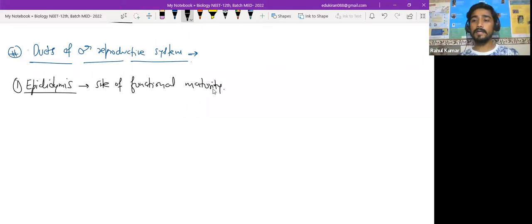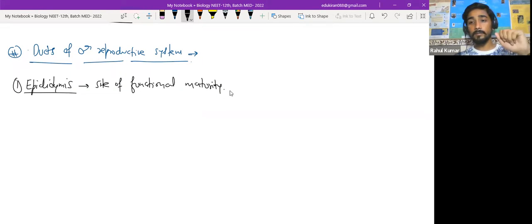The maturity that a sperm attains in seminiferous tubule is structural maturity. It has all the structures required, but even those structures need to be trained or made functional. So the viability, the motility part, that maturity comes in epididymis. If you read NCERT very clearly, you will understand what the function of epididymis is.